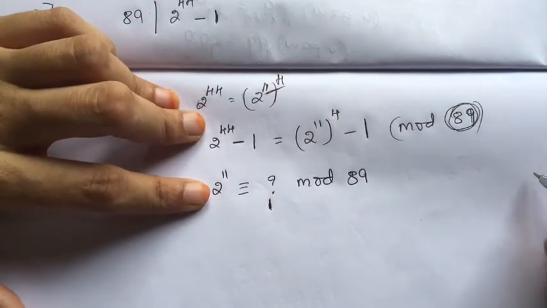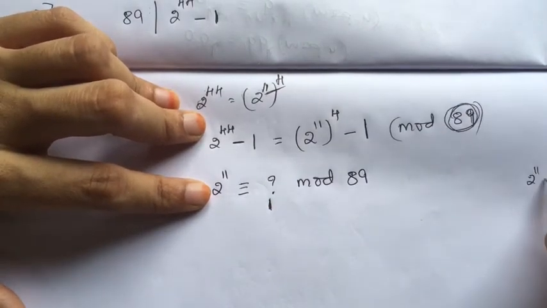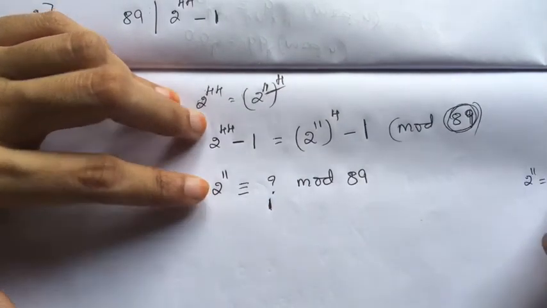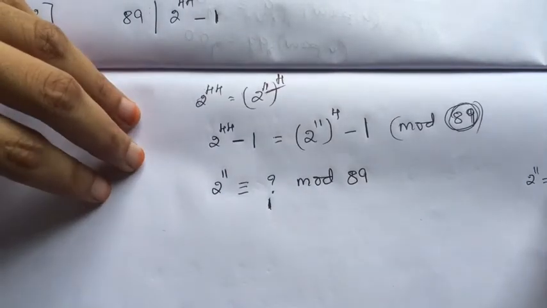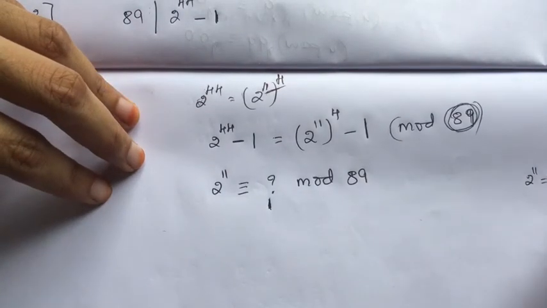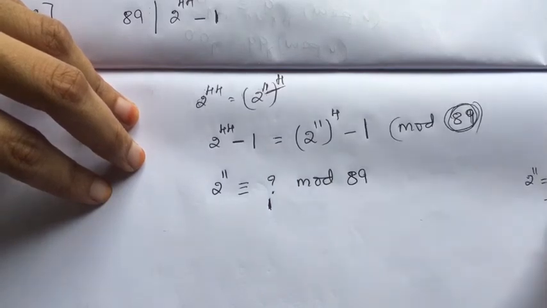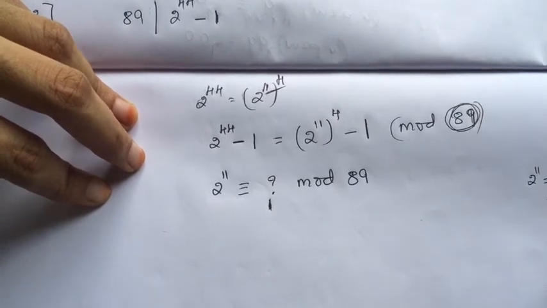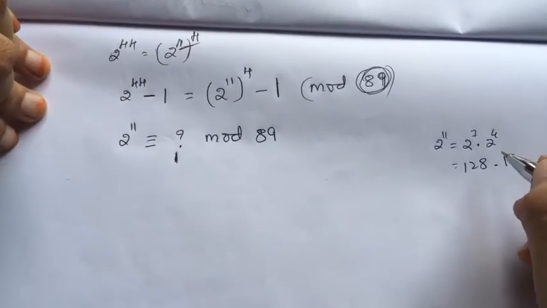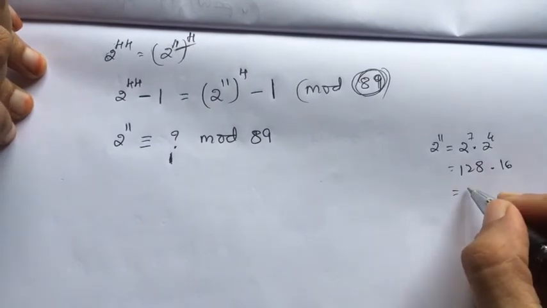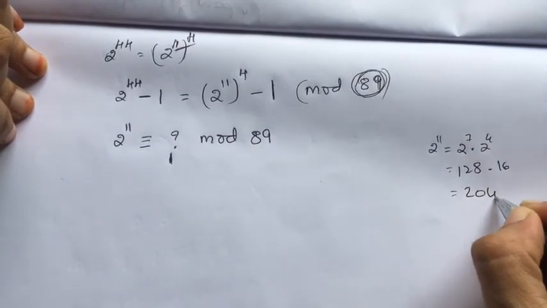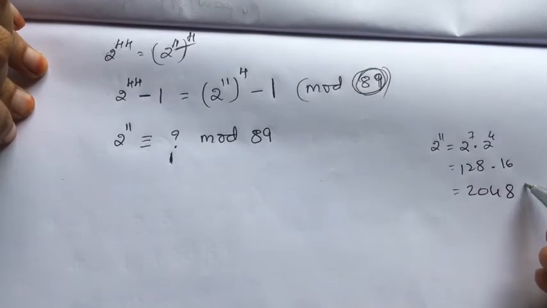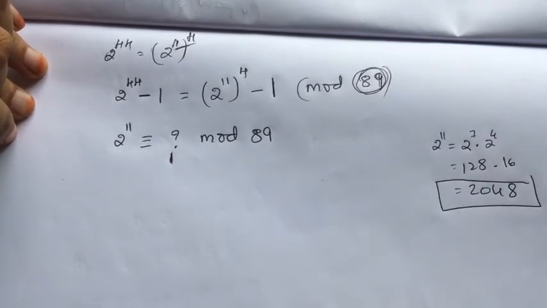In fact, 2 to the power 11, I can write it as, say, 2 to the power 7 into 2 to the power 4, suppose. Then 2 to the power 7 is 128 and this is 16. Then I'm getting 2 to the power 11 as 2048.